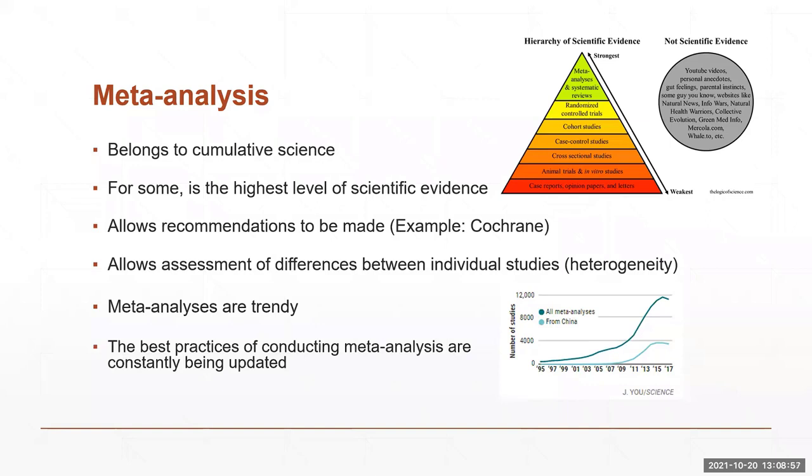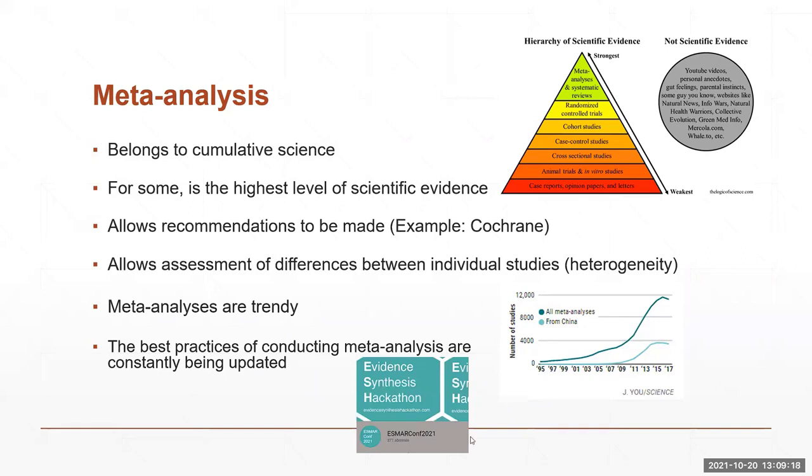One last thing is that the best practices for conducting meta-analysis are constantly being updated, which means that every three or six months, we have a new tool to assess publication bias, or new models of meta-analysis. And you have a conference.